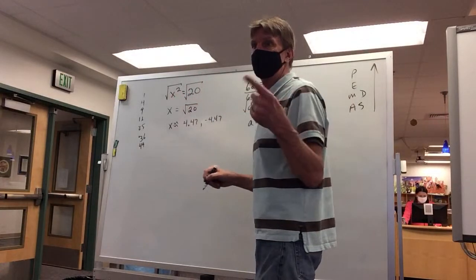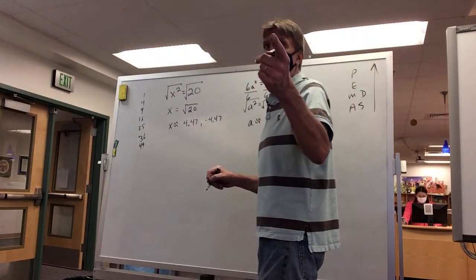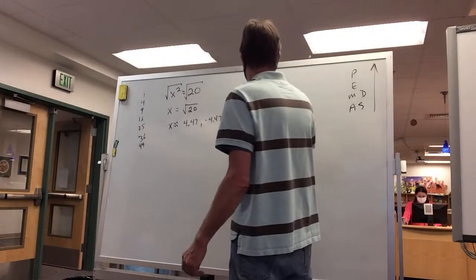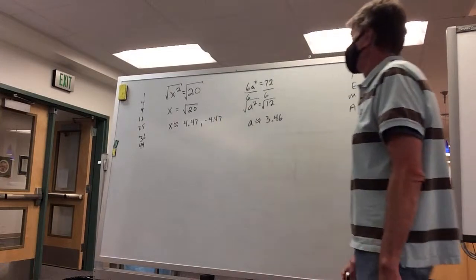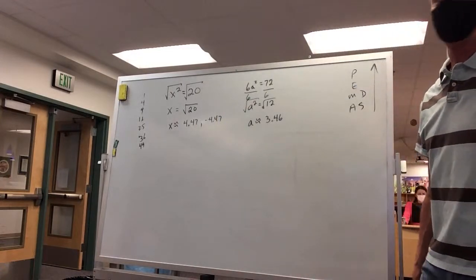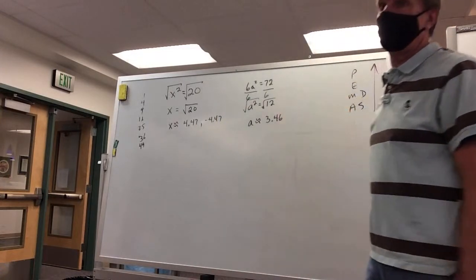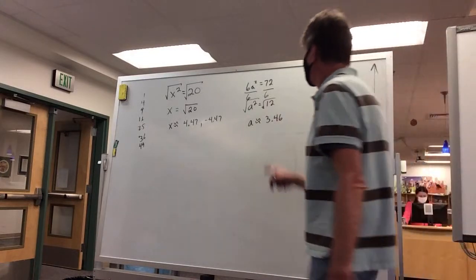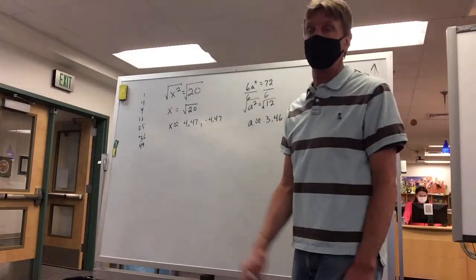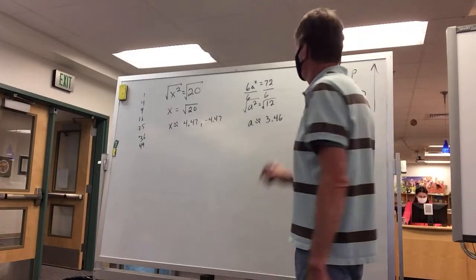What do you get for this? 3.46. Okay, there you go. That's all. But I want these steps drawn out here. And then don't forget, that's one answer. What's the other answer? Negative.